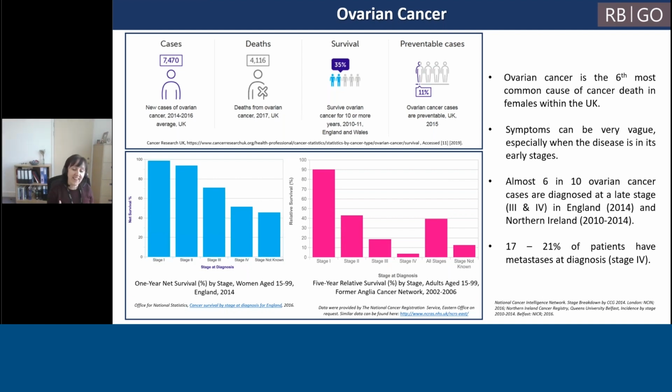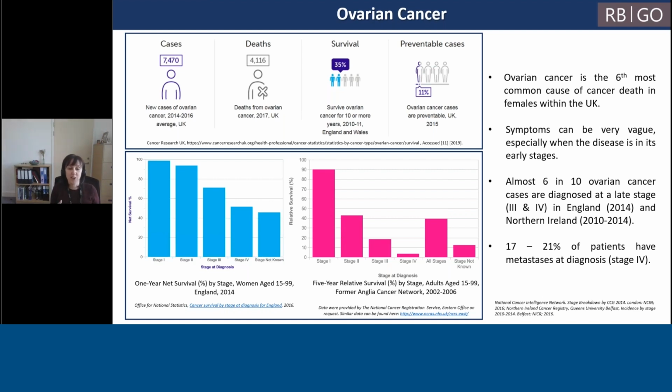There's such a high death rate because symptoms are very vague. Patients may feel bloated or feel full very quickly after eating. Therefore, ovarian cancer is commonly detected at a late stage, so much so that 17 to 21% of patients already have metastasis when they're diagnosed.